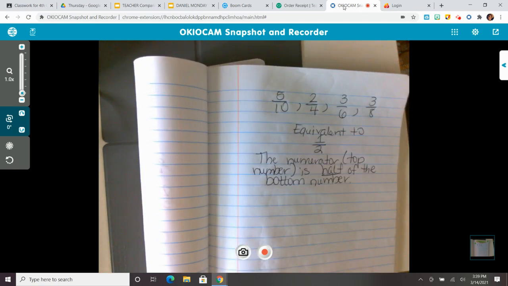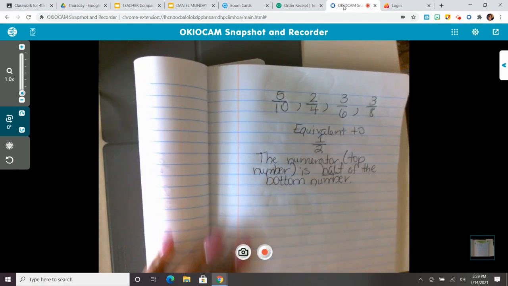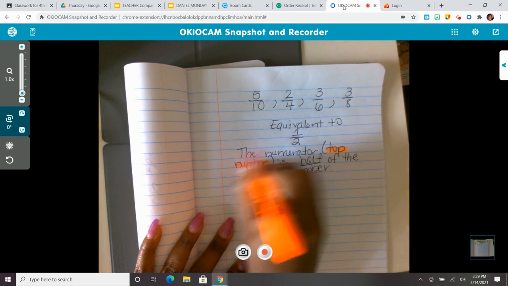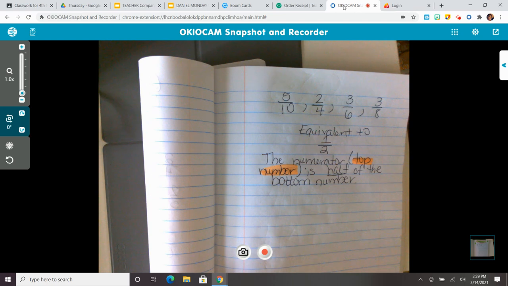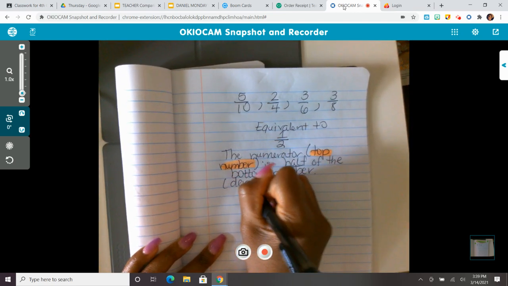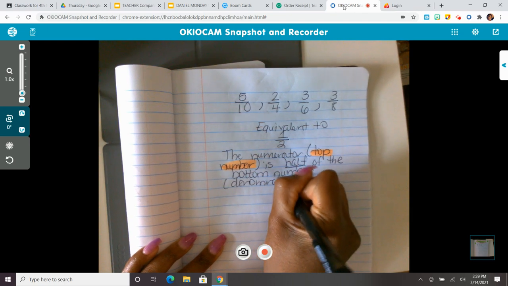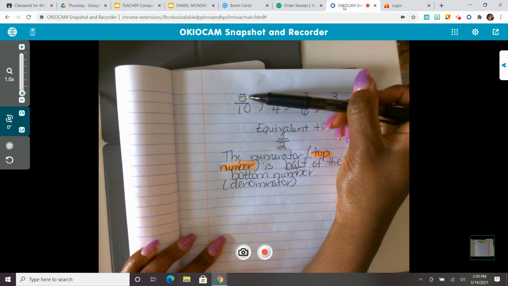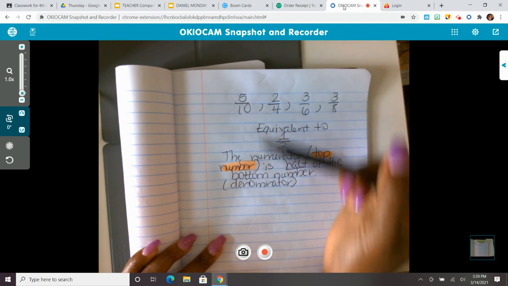And I'm going to highlight. It's half of the bottom number, and the bottom number is the what? Denominator. Your denominator is the number below the fraction bar, and your numerator is the number above the fraction bar, okay?